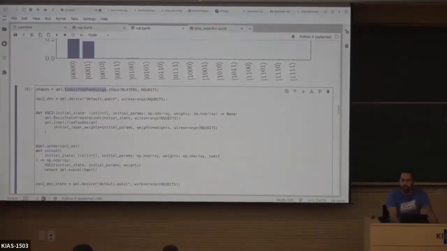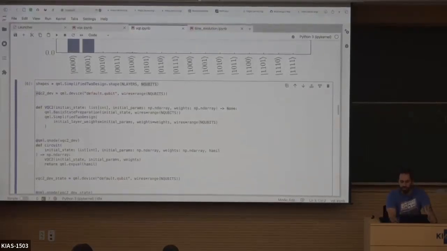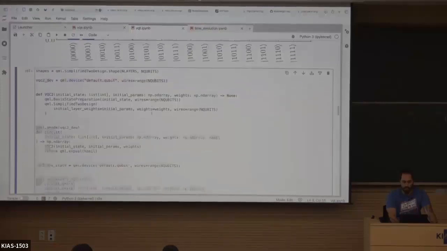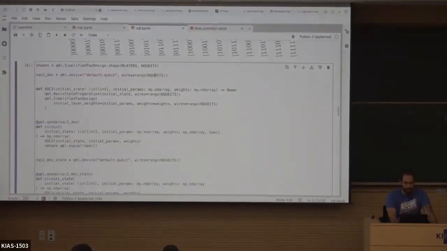So this shape function basically tells me, for this many layers and this many qubits, what is the shape of my ansatz. So it just makes your life easier. And I'm initializing the second circuit, and I'm basically preparing the initial state.